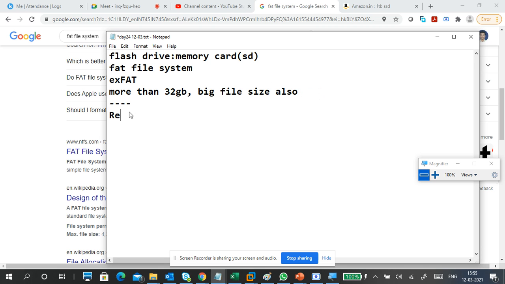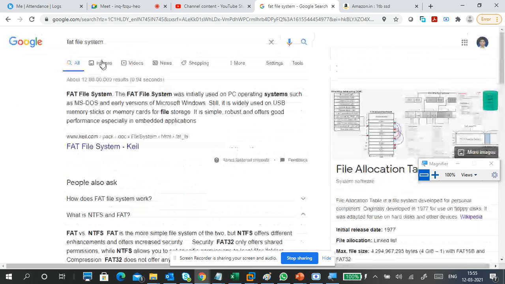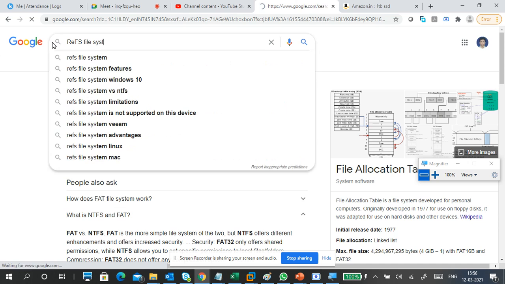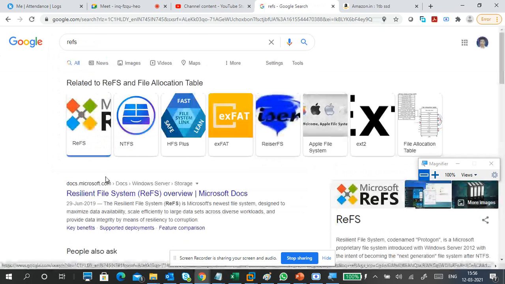Next, ReFS. What is ReFS? Resilient file system. Here it came.